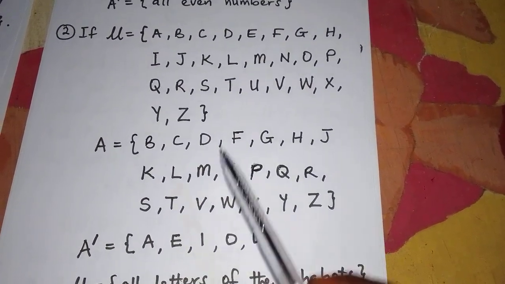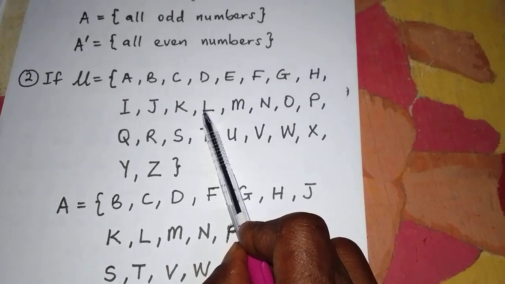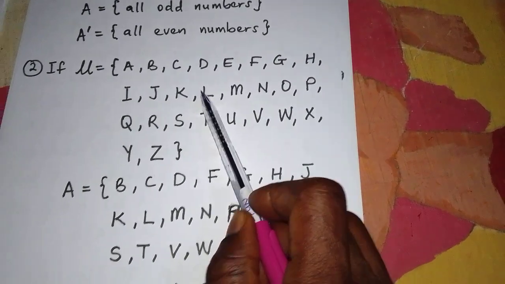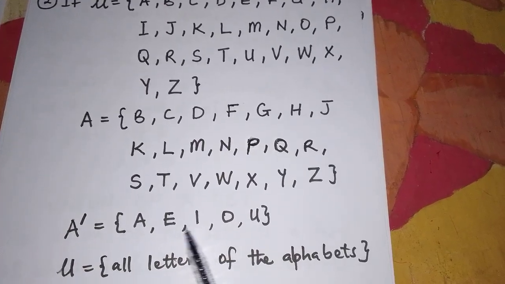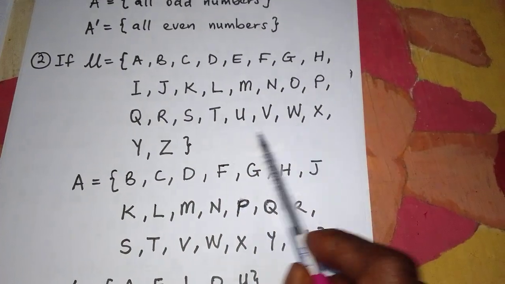You realize vowels are part of the universal set, but not in set A.